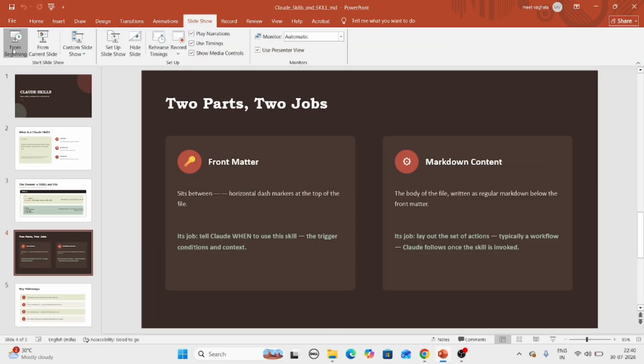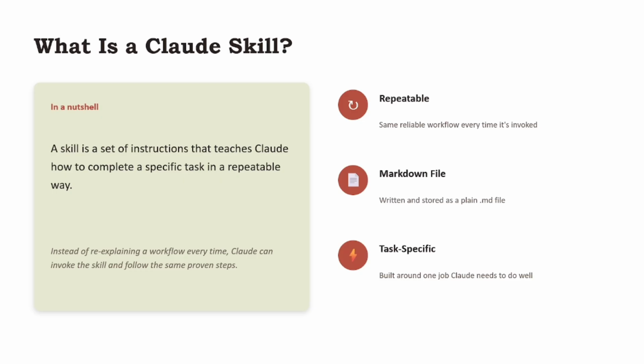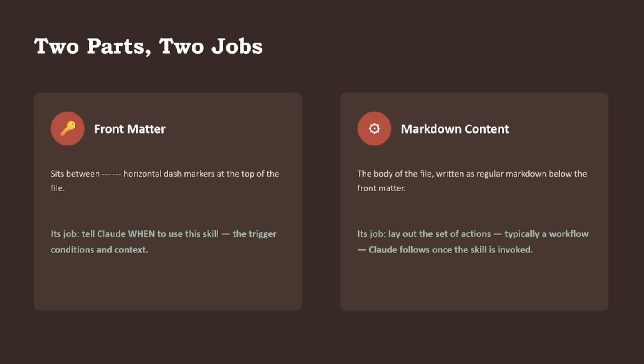I hope you completely understand the things, right? The markdown file I have completely covered, so let's understand front matter and markdown content. Okay, these both are very important. Front matter's job is to tell Claude when to use this skill, the trigger condition and context.